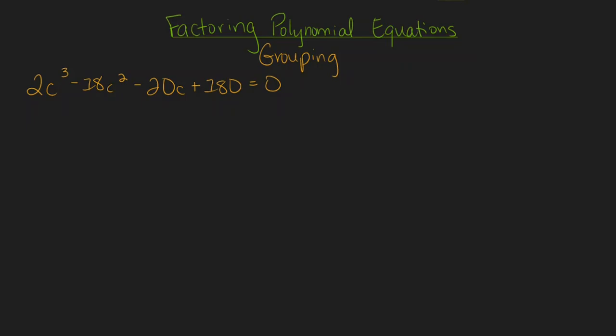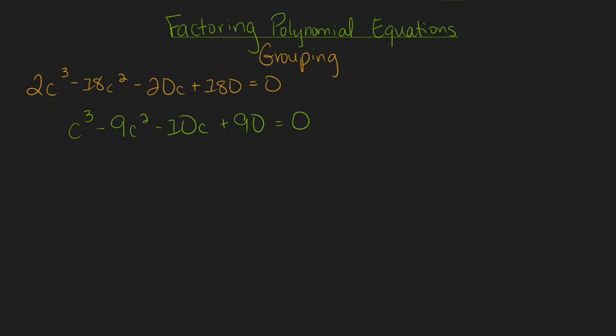Since we're dividing out a number greatest common factor, I can just divide it out of each term and I don't have to represent that 2 on the outside. So dividing out this 2 leaves us with c cubed minus 9c squared minus 10c plus 90 equals 0.